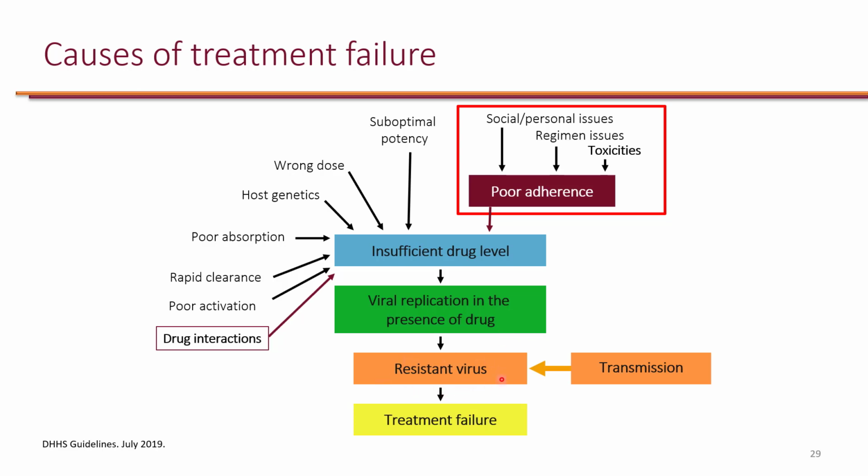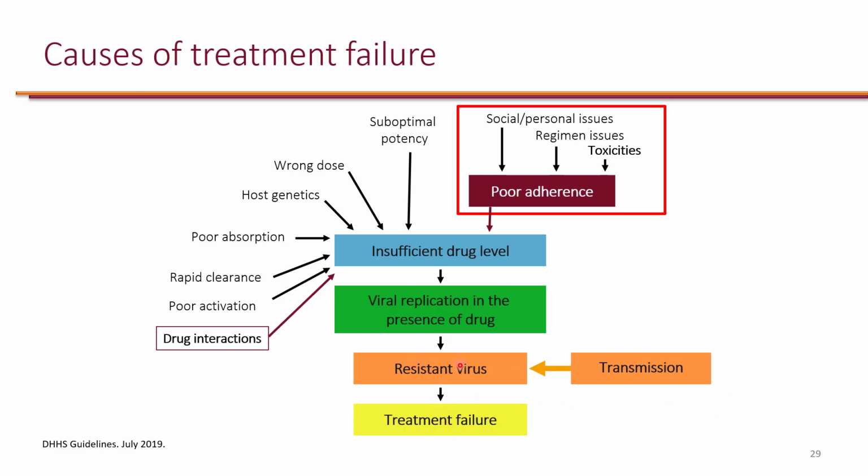Of course, there's always the possibility that these resistant viruses could have actually been transmitted to the patient from someone else. So if someone else has resistant virus and, whether sexually or by other means of transmission, that resistant virus can also be in the patient. And resistant virus, of course, will lead to treatment failure.